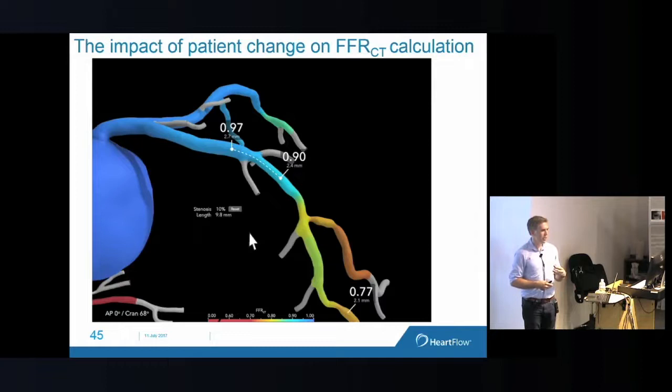Whatever the physician thinks that they might be able to achieve through different treatment options, they can type that in, and we can redo the fluid calculations on the fly in order to provide them the result of what would happen if the lumen were a different size. So in this case, if you were to change that one stenosis that was really severe, it makes a big impact on the FFR calculation for that patient.